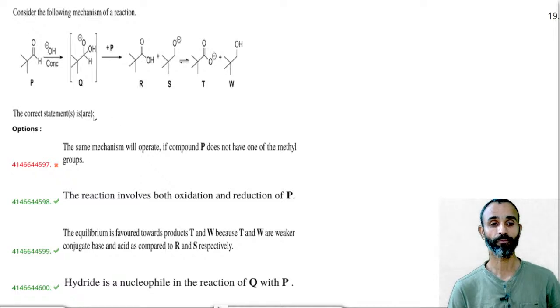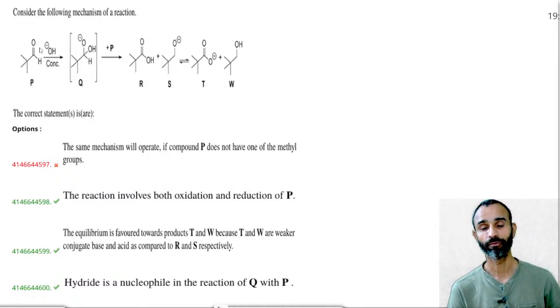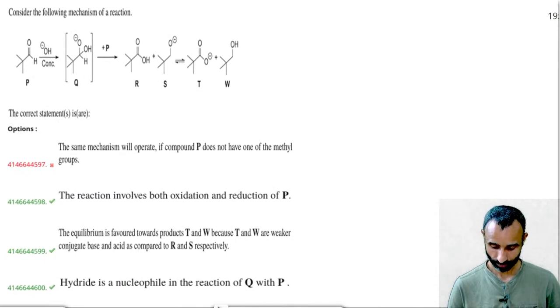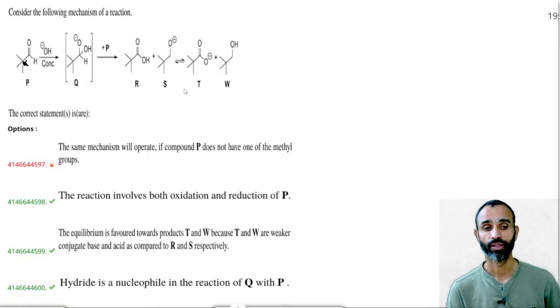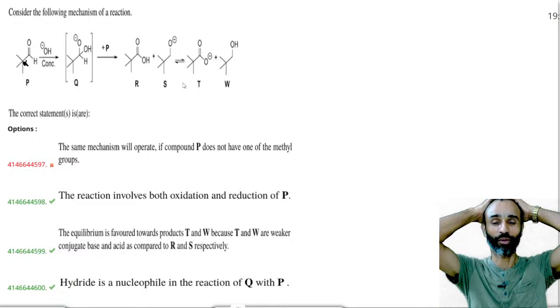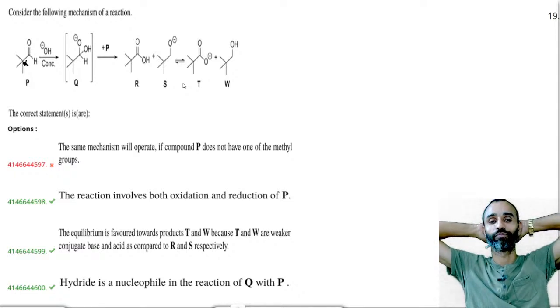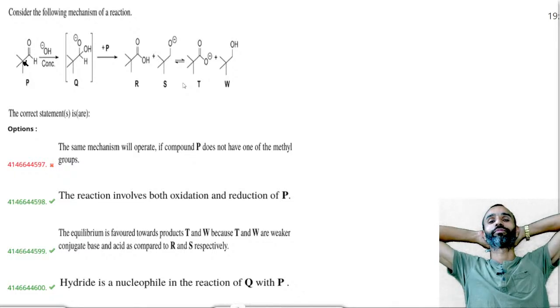We have an aldehyde with no alpha hydrogen, right? There is no alpha hydrogen. So it undergoes addition with concentrated OH negative. Which reaction does it undergo?